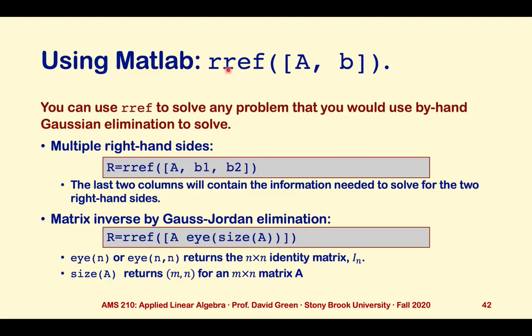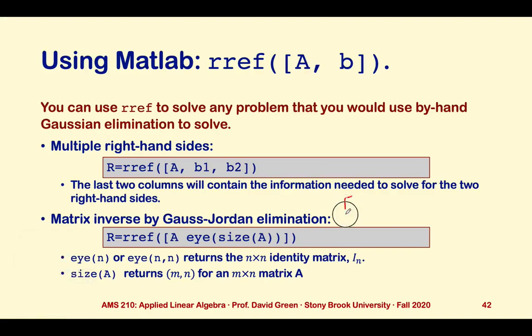We can also compute a matrix inverse this way using Gauss-Jordan elimination. We set up our matrix as A with the identity matrix. Just to be clear, how would we normally do this if we were working through it by hand?